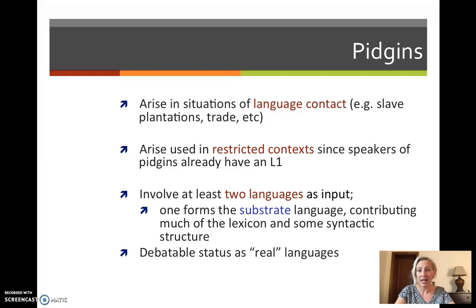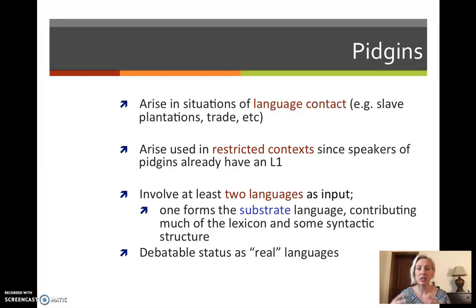So pidgins arise in situations of language contact when two people need to trade, or where you had, in the past, slave plantations where people from different countries speaking different languages had to communicate with one another. But notice that it's a restricted context. Those people only need to communicate for work or for business, for trade.